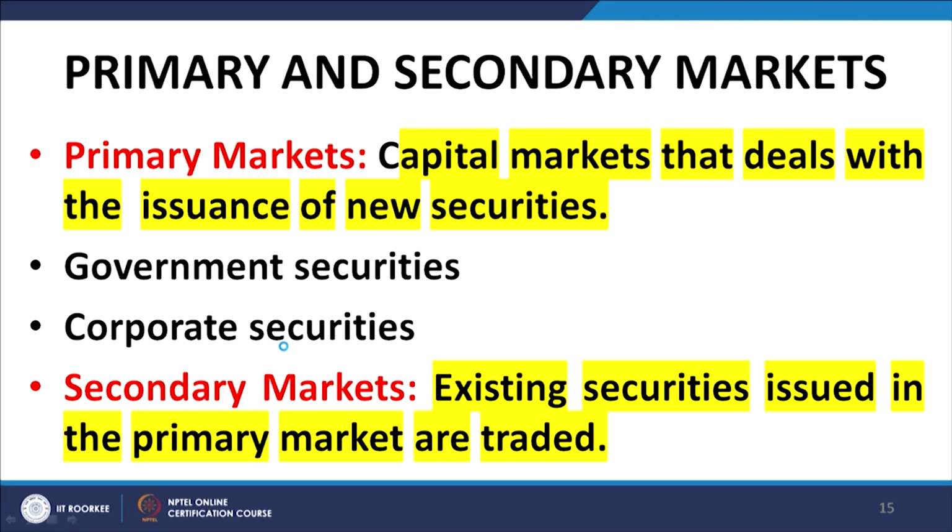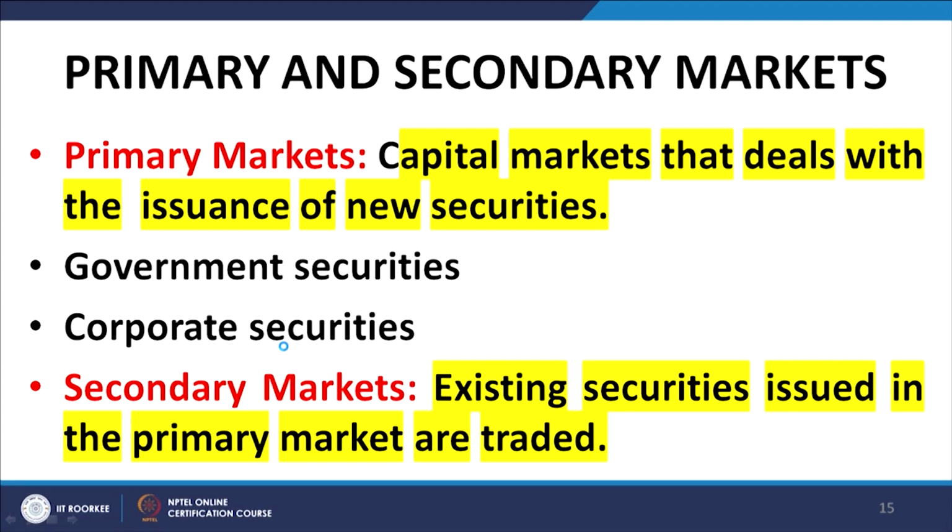The issuer can be a body corporate issuing shares or debentures or bonds, or it could be government issuing the bonds or debentures. Primary markets are basically a marketplace where there is interplay between the issuer of the securities and the potential investors in the instruments which are issued by the issuer.